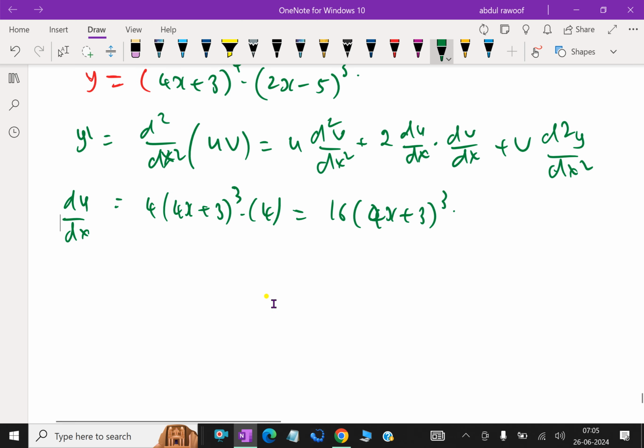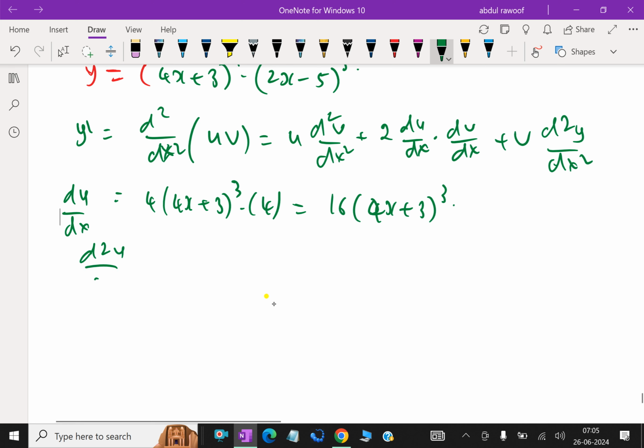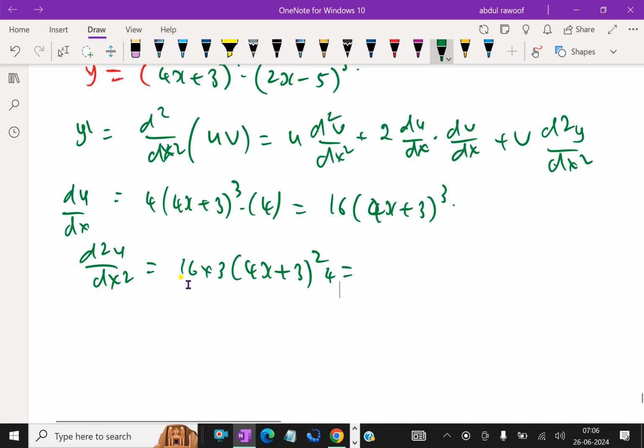Then d square u by dx square is this differentiation one more time, that is 16 into 3 into 4x plus 3 square into 4, which is equal to 16 into 3 is 48, 48 into 4 is 192, 192 into 4x plus 3 square.